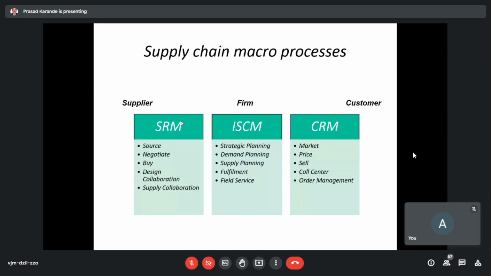Supplier relationship management is a big domain of supply chain management. In fact, as we have seen, the productivity of these supply chains depends upon how your suppliers are formed. As we are discussing, if we are going for just in time manufacturing as a need of modern supply chain management, yes, we have to go for just in time manufacturing.